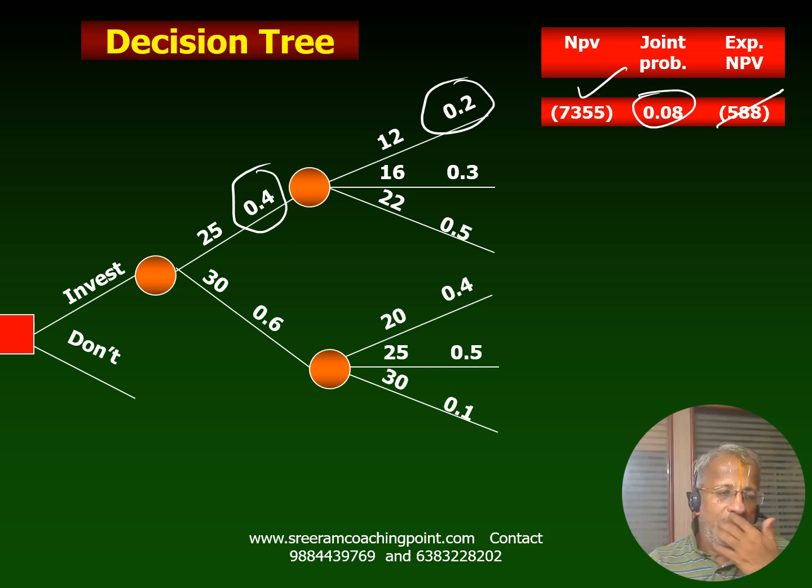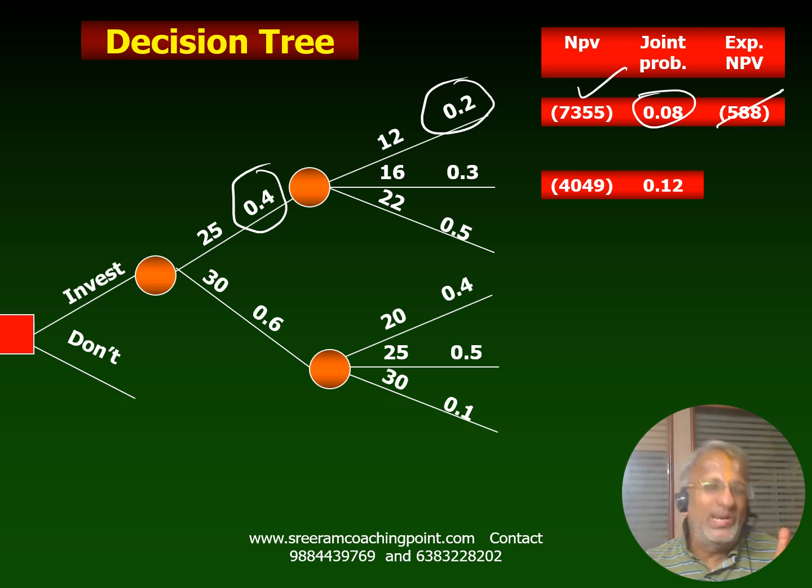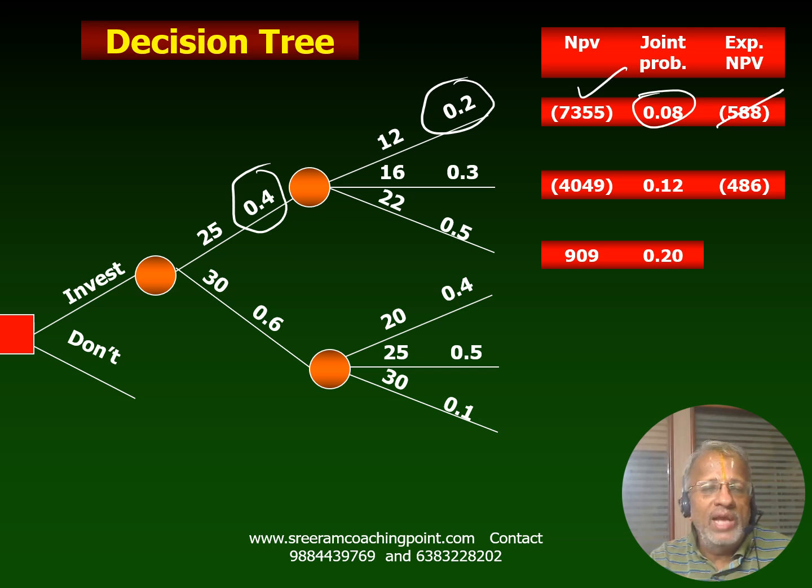Now let us take up the second one, 4049, which is not that worst, but it is worse of course, and we will capture that negative expected NPV. The last one in that particular field is combination 3 and 909.20.